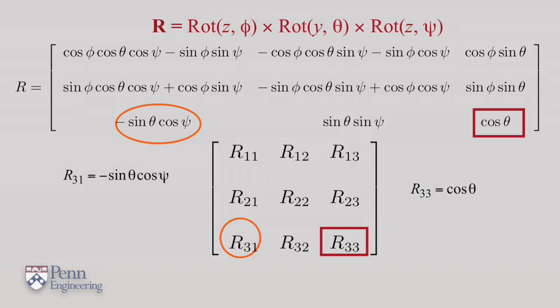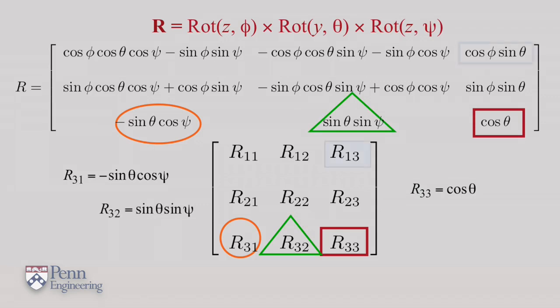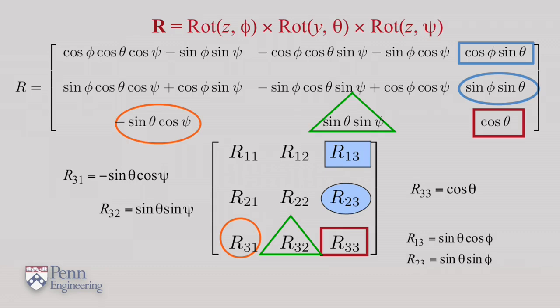In fact, there's a second equation that also gives me the same information. The 3,2 element also tells me what psi is if I know what theta is. And then finally, the 1,3 element and the 2,3 element tell me what phi is. Knowing what theta is, I can calculate phi from these equations.